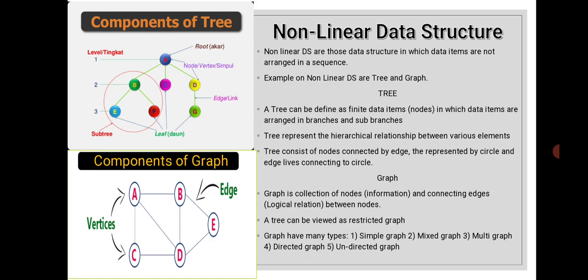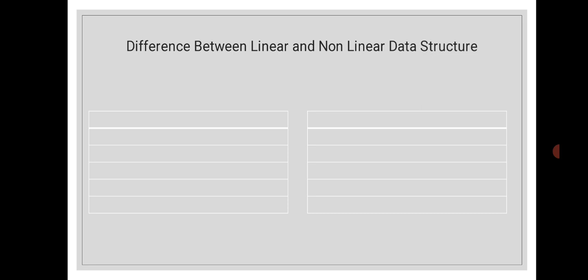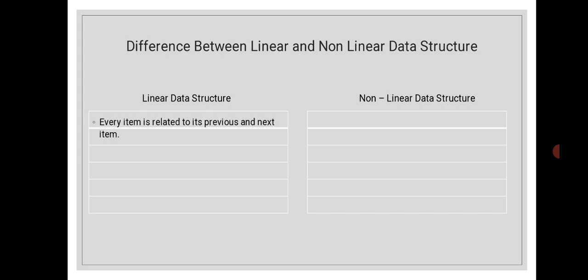Let's move on to the difference between linear and non-linear data structures. Every item is related to its previous and next items in a linear data structure, whereas in non-linear, every item is attached to many other items.